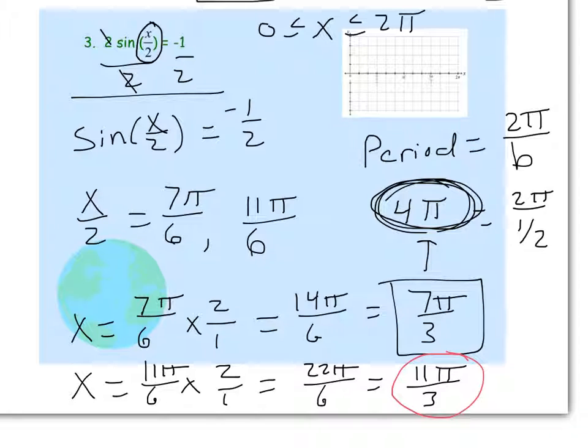If I use the common denominator of 3, 2 pi is 6 pi over 3. 11 pi over 3 is bigger. I don't want that solution. This is the only one, 7 pi over 3. So in example 2, we saw when the period is shortened, it led to more solutions. Here, when it's lengthened out, it leads to fewer. We only have 1 instead of 2.